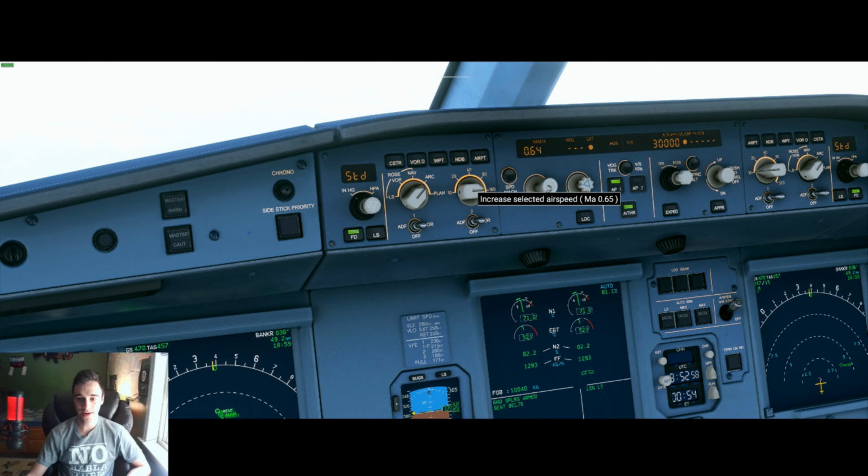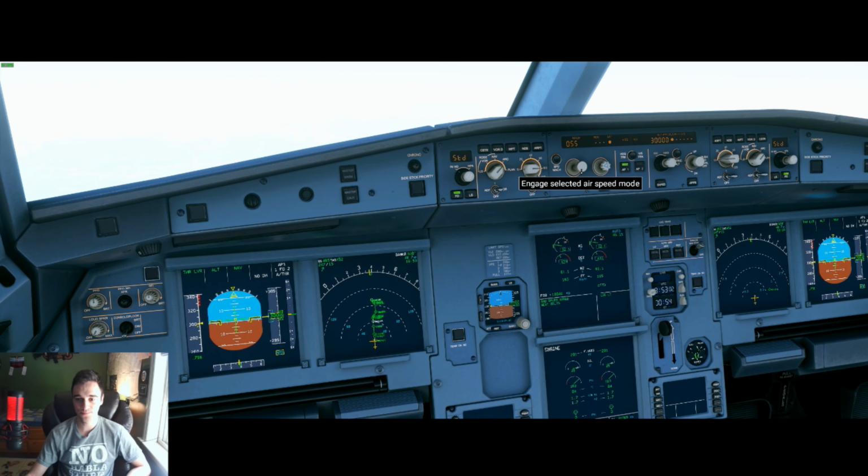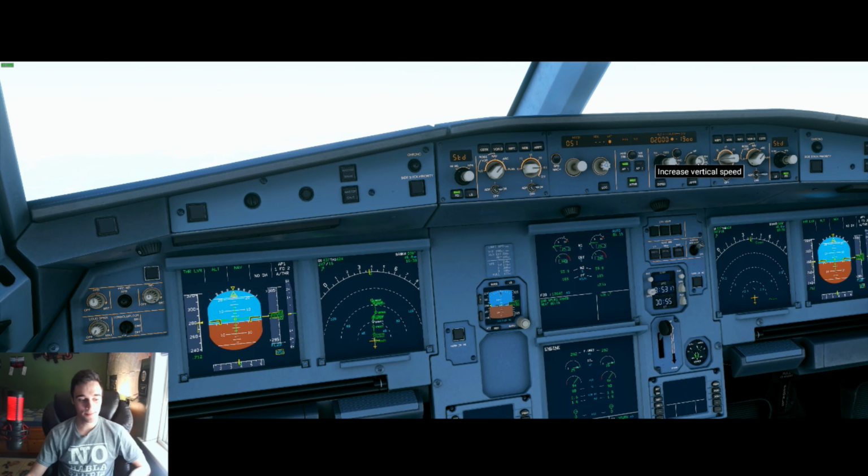So I'm actually going to come down here and reduce my speed down to about 200. I'm going to come down to vertical speed, and if it would let me adjust this, that'd be wonderful. We're going to knock our altitude down to, let's say, 2,000 feet, and we're going to reduce our vertical speed to what I just said, about negative 2,300 feet per minute, and then we can engage vertical speed or not.